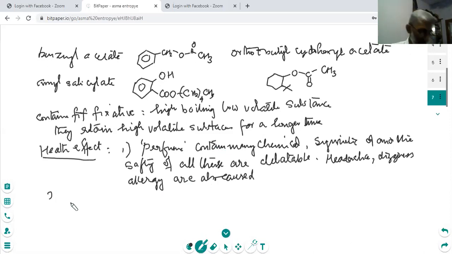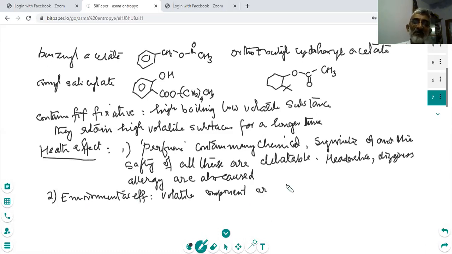Secondly, we have the problem with environmental effect. All these are volatile compounds. So the volatile components are released into the atmosphere.